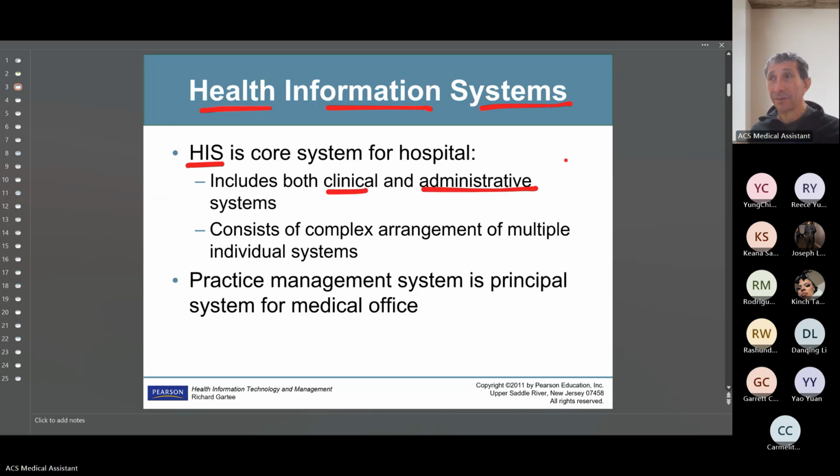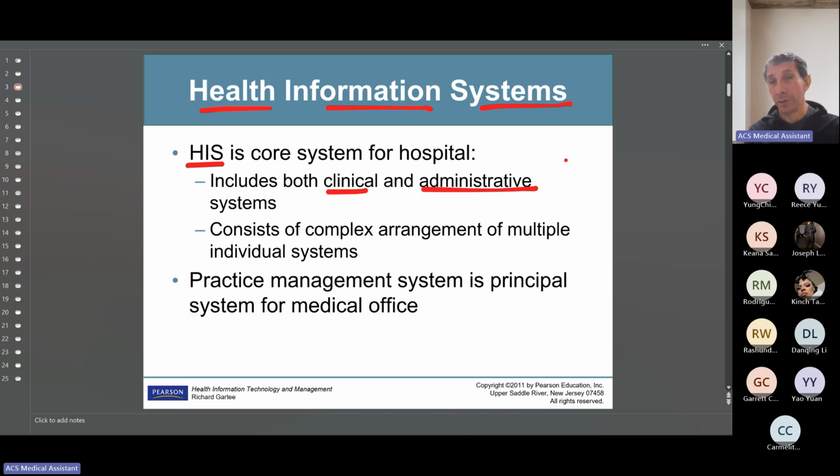Remember, medical offices or hospitals, wherever we see patients, we render services and we charge for those services. They have two components, the front and the back. The front is the administrative.